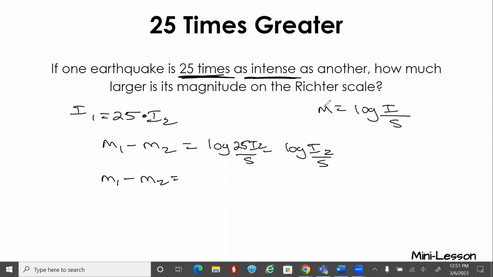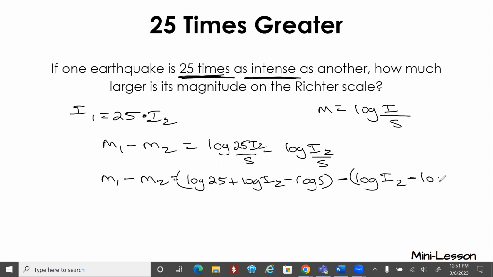Okay, and that's given because of this. So when we write this out in expanded form, we're going to have log of 25 plus log of I sub 2 minus log of S. We're going to subtract log of I sub 2 minus log of S.